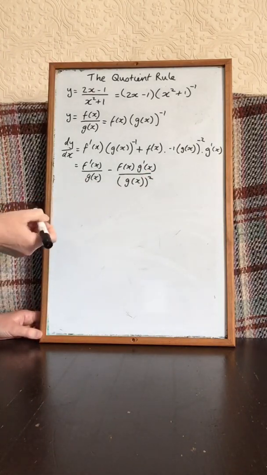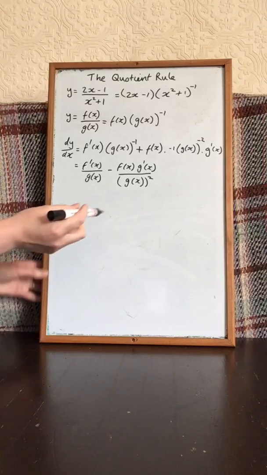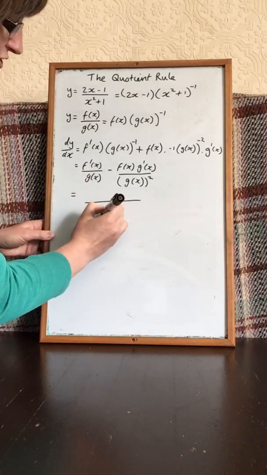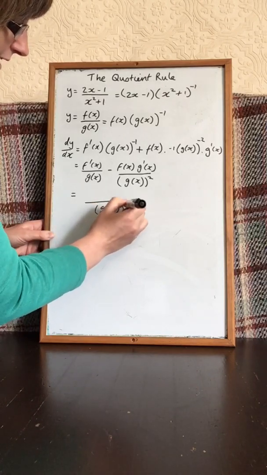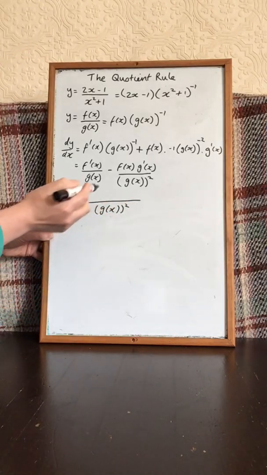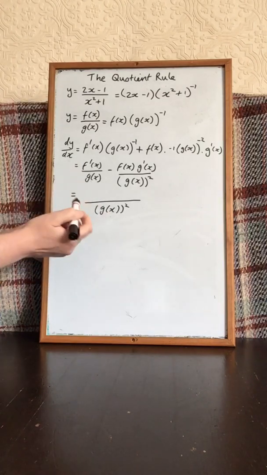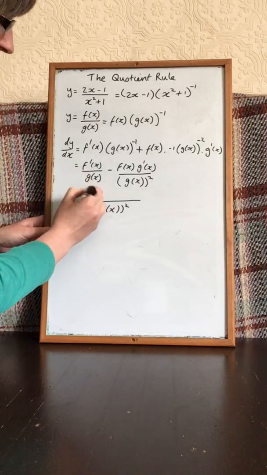This needs to be tidied up and written as a single fraction, so common denominator is going to be g of x all squared. So we have multiplied that denominator by g of x, so we need to multiply the numerator by g of x as well.